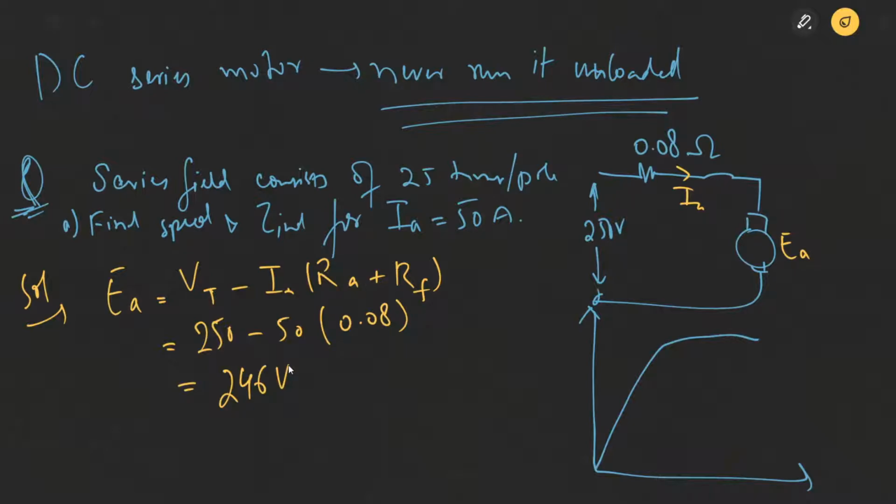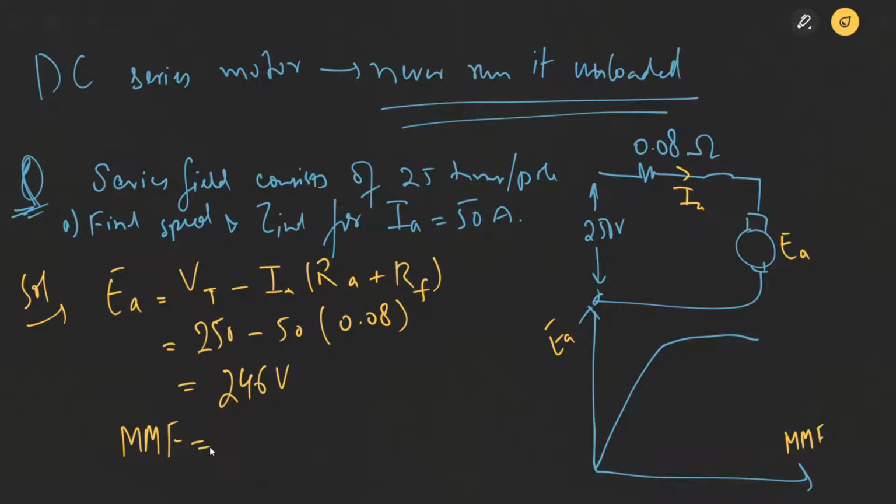So we have been given a magnetization curve, and this magnetization curve is showing us EA with respect to MMF. First of all, let's calculate the MMF of this machine.